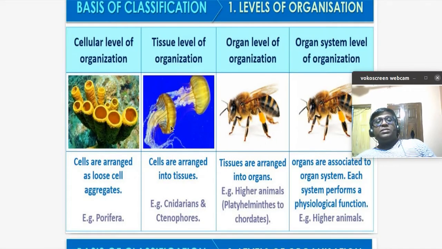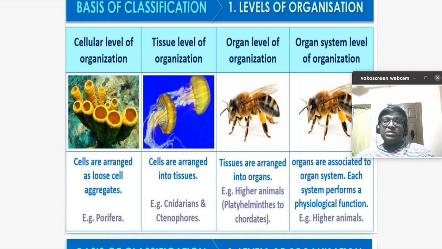The cells are arranged loosely in the cellular level of organization. The example is Porifera, sponges I told you about. Tissue level of organization, you notice in Cnidarians. Phylum Cnidaria is also called phylum Coelenterata, and phylum Ctenophora. You notice this tissue level of organization in them. Then organ level of organization, you notice in the higher phyla like Platyhelminthes to chordates.